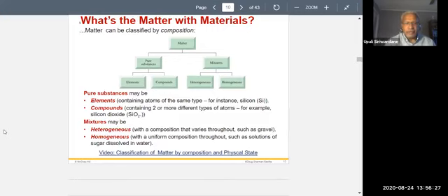One is the pure substances. One thing about pure substances is they have definite physical and chemical properties. Water has a boiling point, melting point, right?